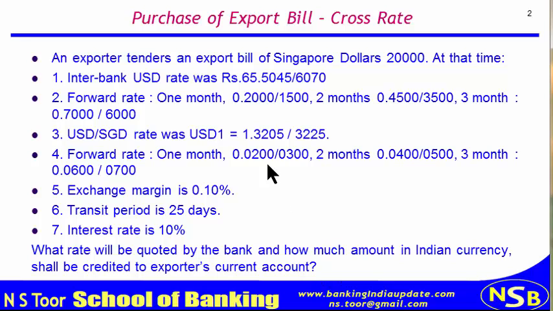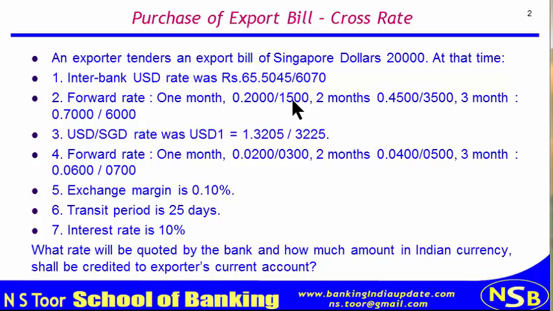Now, this is the given problem. Here we find that it is purchase of foreign currency export bill. And US dollar, this is the current rate and this is the forward. Here it is at a discount because the rate is declining here. So when rate is declining like this, it is an indicator of discount.